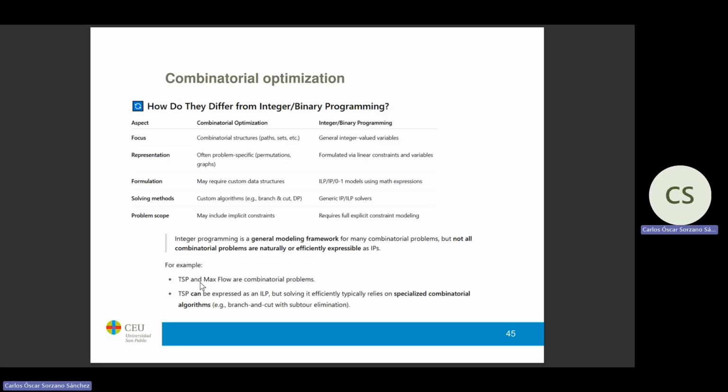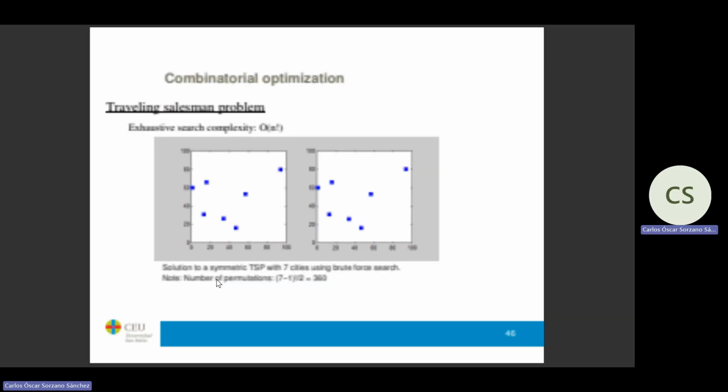So, for instance, these two, the traveling salesman problem and the max flow, are combinatorial problems, and traveling salesman can be expressed as this one. But if you want to solve it efficiently, some combinatorial algorithms are better suited to solve this problem. So these kinds of problems very often have very, very specific algorithms to solve them.